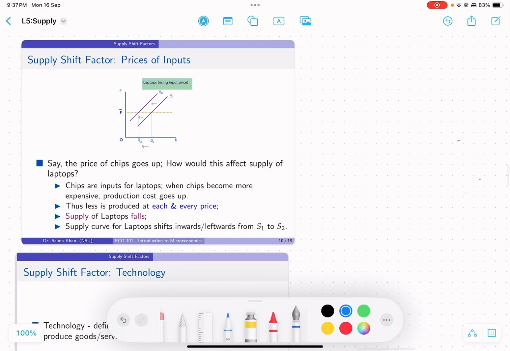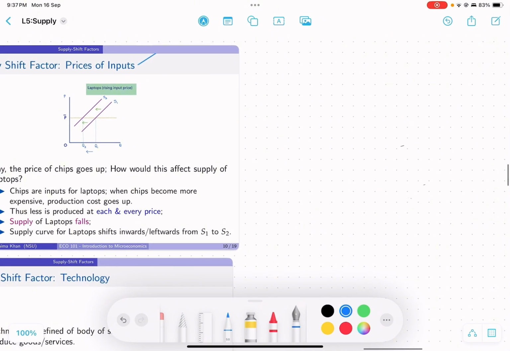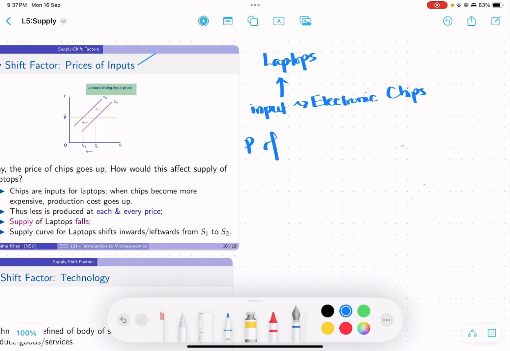Let's deal with the first supply shift factor, that is the price of inputs. Let's start with a very simple example. Let's take the case of laptops, and for this, the input is, let's say, electronic chips. Let's say for some reason the price of chips goes up, which means the input price is going up.